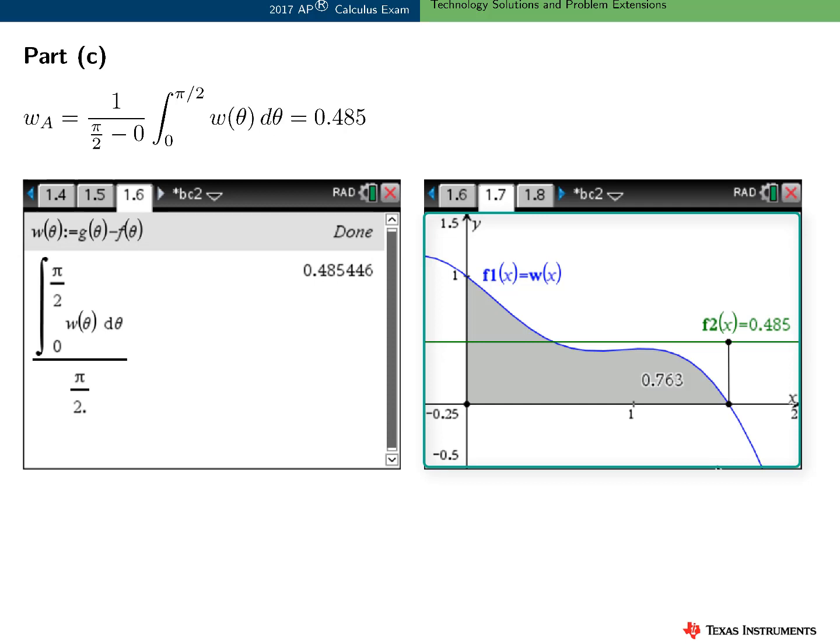And using technology, here's a nice visualization of this result, of the average value in general. The shaded area, the area under the graph of w from 0 to pi over 2, is equal to the area of the rectangle with width pi over 2 and height 0.485.